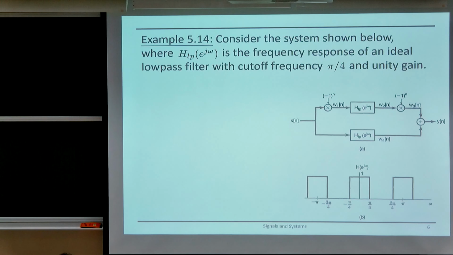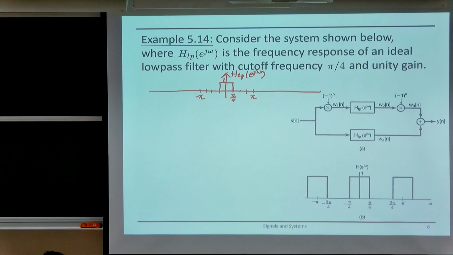If you plot this out, it will look something like this. Suppose this is pi over 4. So this spectrum is like this, with a unity gain.